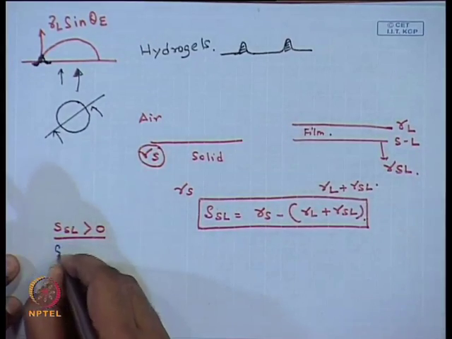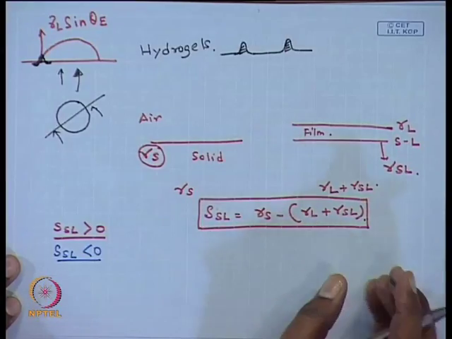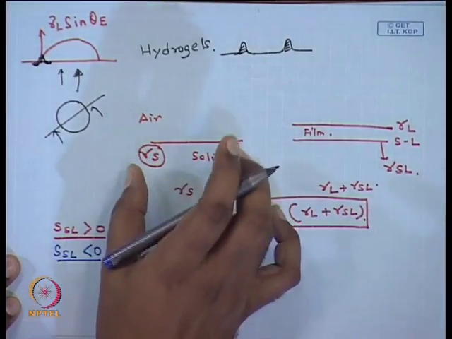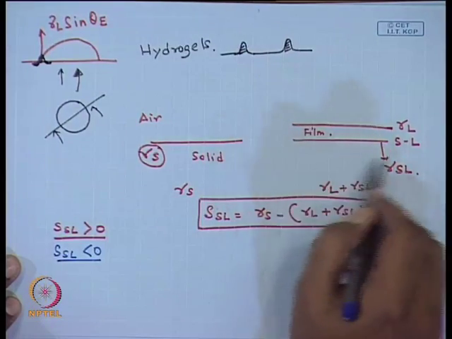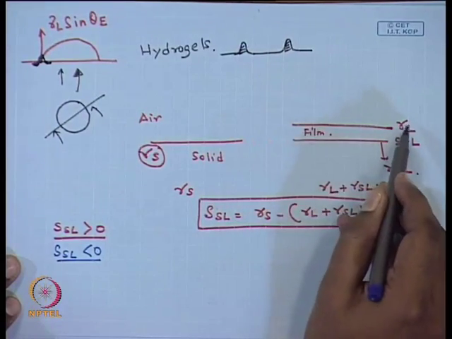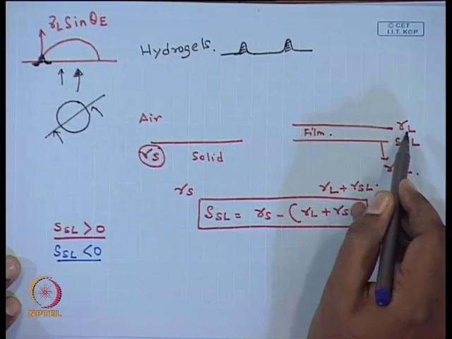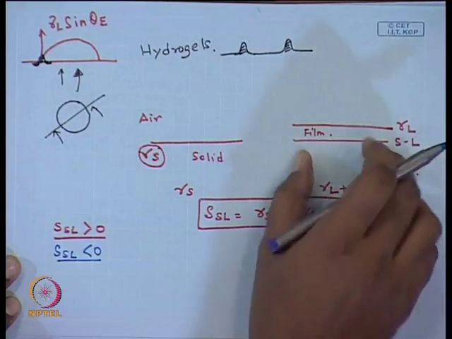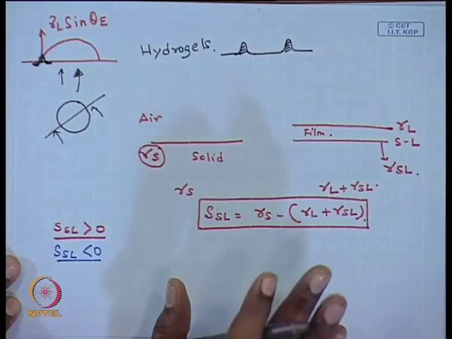In contrast, if you have S_SL to be less than or equal to 0, it means that you had some definite energy ascribed to the solid surface, but after you have coated, the total energy that is now attributed to the solid-liquid interface and the liquid surface is actually higher than this. Therefore, by way of creating the coating you have increased the total energy.